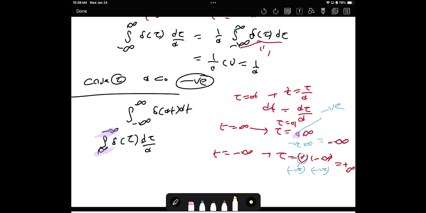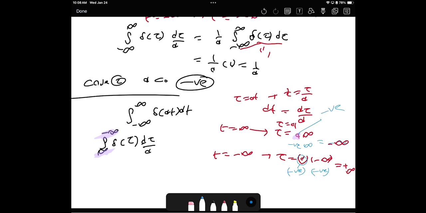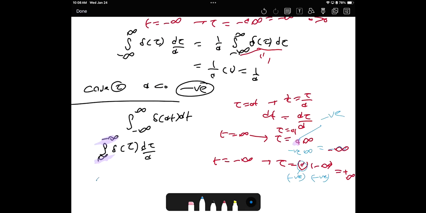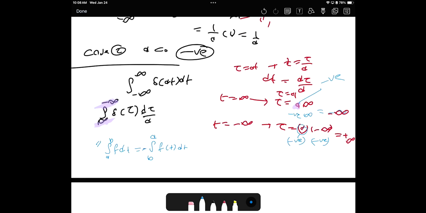Then, in order to fix this integral, we will use the integral properties. We know the integration between a to b of any function f of t dt equals negative the integral from b to a of f of t. So I'm going to swap this integral to be negative integral between negative infinity to infinity of delta of t, d tau over a.